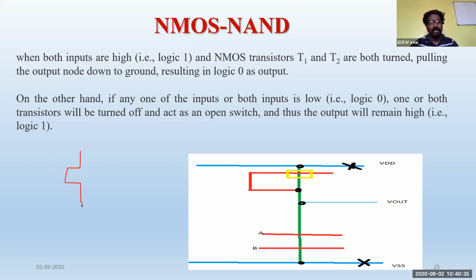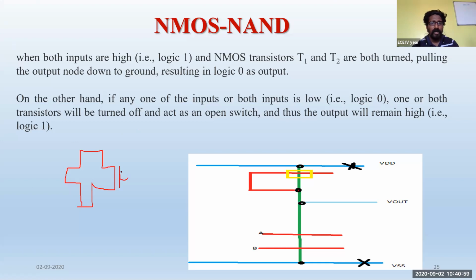Before this, let me explain how to convert a CMOS NAND gate into an NMOS inverter NAND gate. Whatever the P device structure is, we know that normally the P device structure will be in this fashion. You'll be connecting both the PMOS here in this fashion. Both will be in parallel connections.